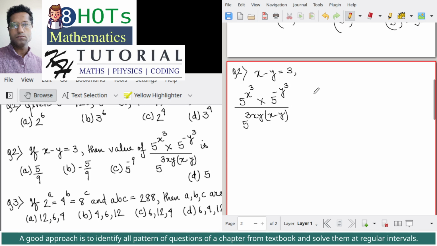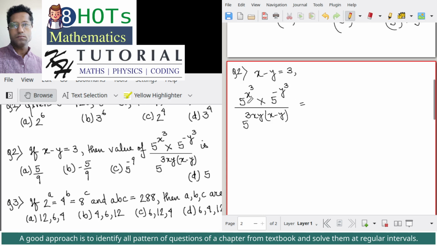Now, as you can see, all the choices are constants. They do not have x or y. So definitely we have to simplify this expression. This whole expression is a rational term where the numerator is a product of two exponential terms.